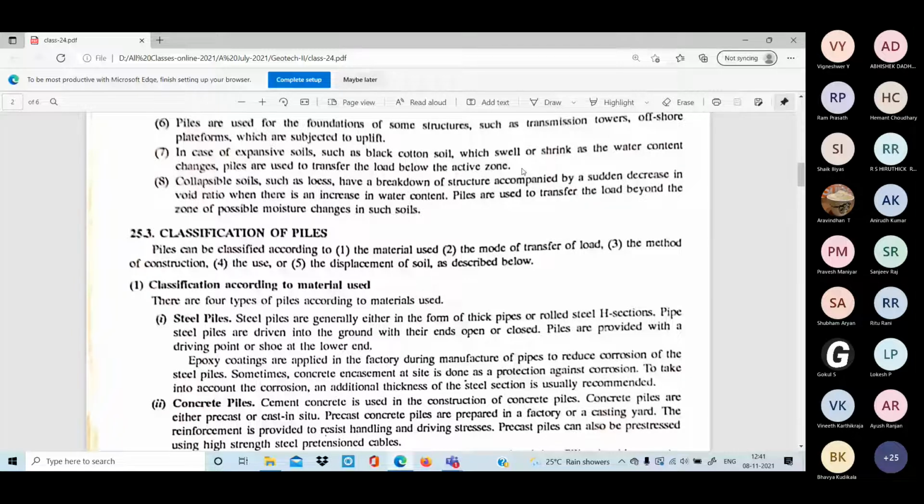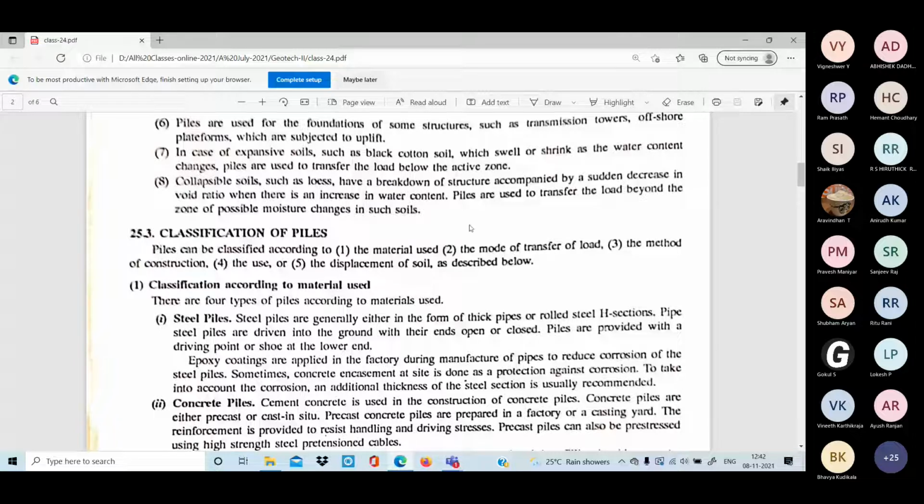Based on that, the piles are classified. First, material: if you have steel, then we call it a steel pile. If you have concrete, we call it a concrete pile. If you have timber, we call it a timber pile. A combination of these materials, we call composite piles.